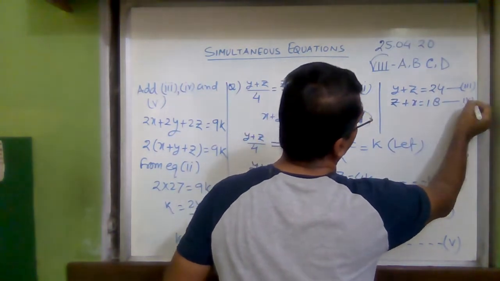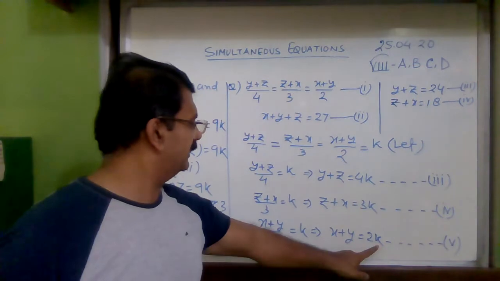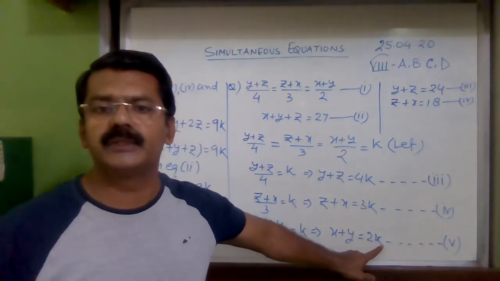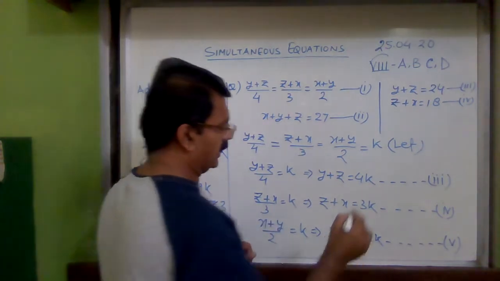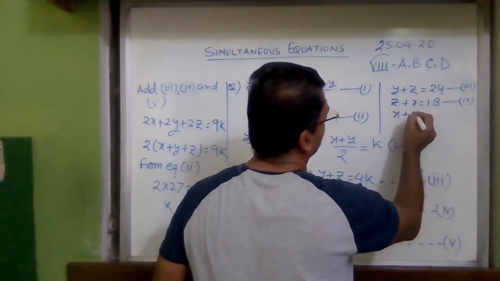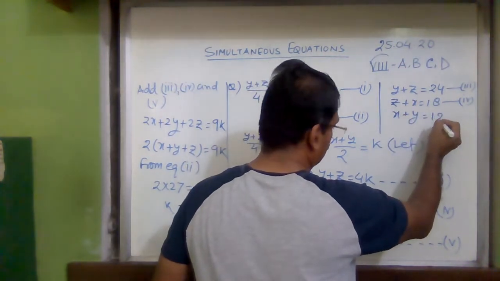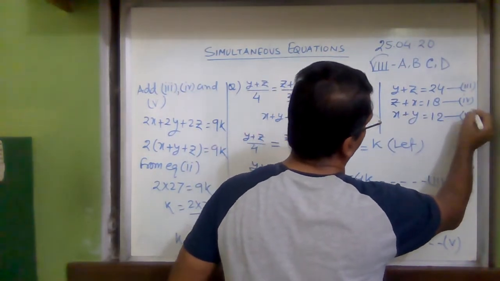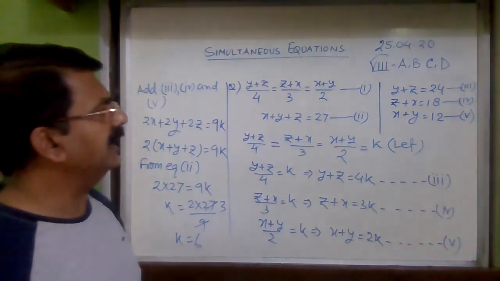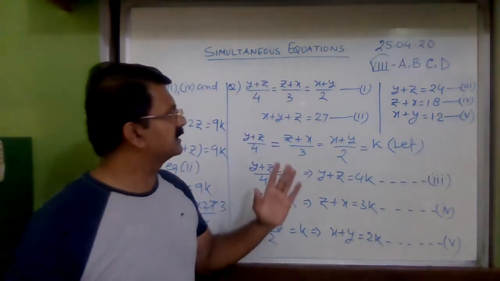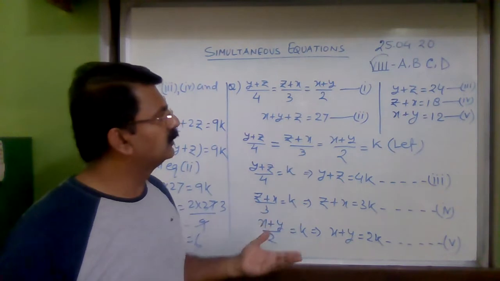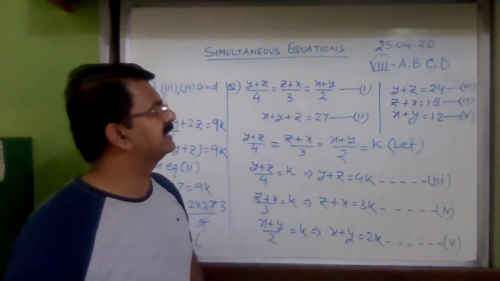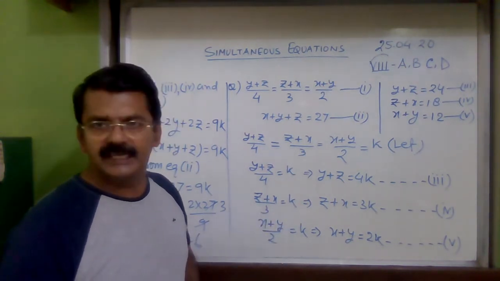This is equation number 4. And here if you put k is equal to 6, so 2 into k will be 12. So x plus y is equal to 12. That is equation number 5. Okay. So I hope it is clear to all of you how we get the value of y plus z, z plus x and x plus y.